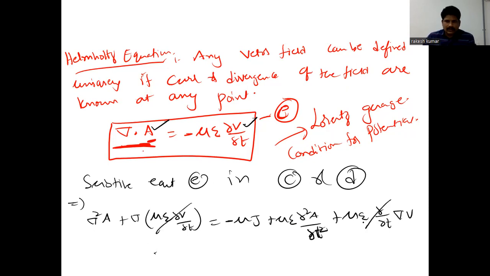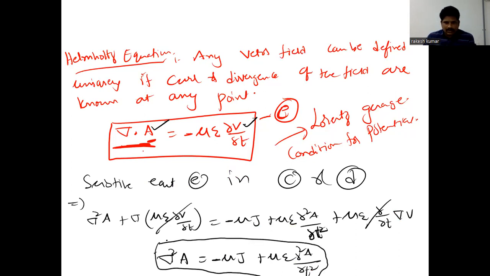This one and this one will get cancelled. Therefore this expression becomes del square A is equal to minus mu J plus mu epsilon into del square A by del t square. Let us consider this expression as F.